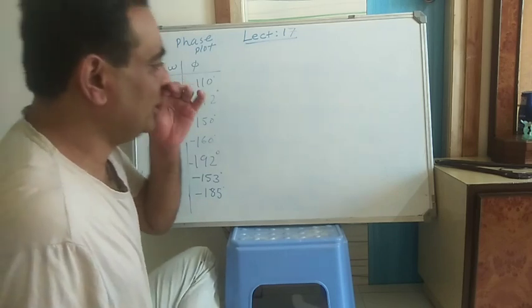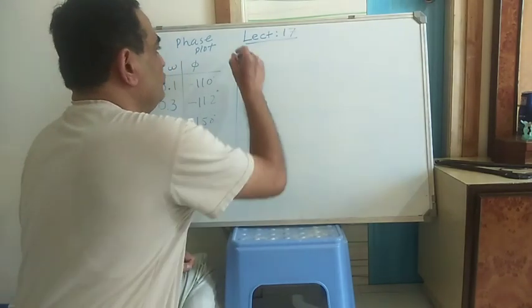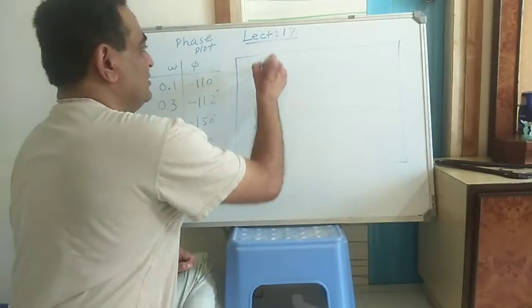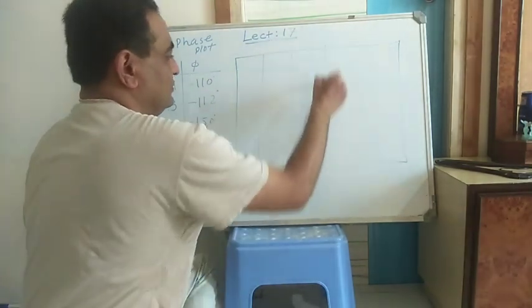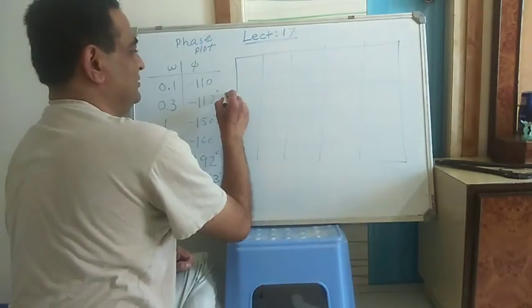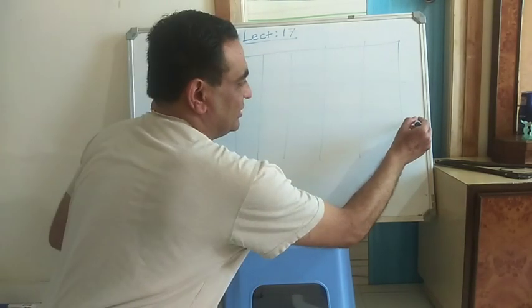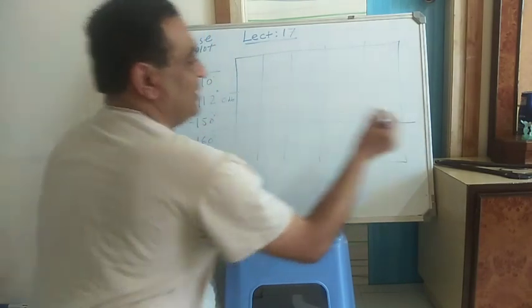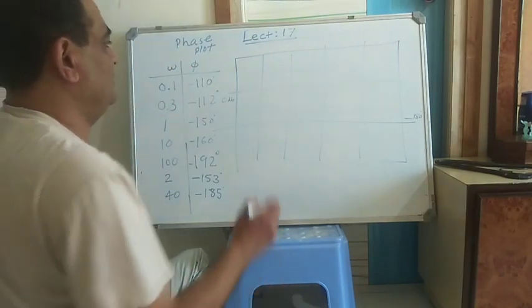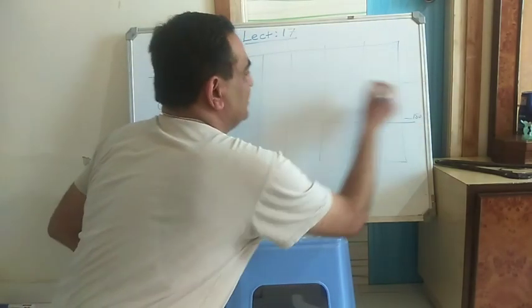Now how to sketch this on the Bode plot, on the phase plot? You know that this is my semi-log graph paper, and these are the different cycles. This was the 0 dB axis, and this is, let's say, the minus 180 degree line. This is the magnitude line, and this is log omega.